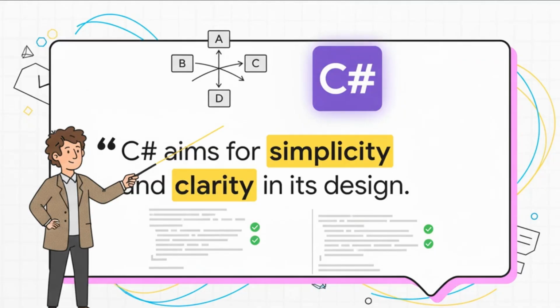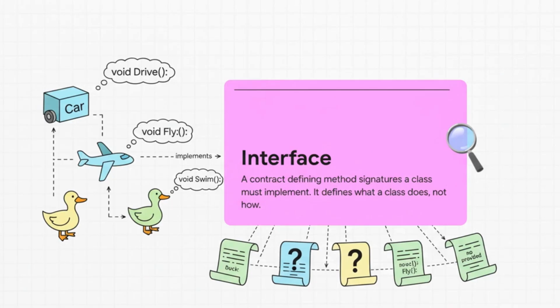You know, this solution gets right back to the core philosophy of C#. The language was designed from the ground up to prioritize simplicity and clarity. It intentionally avoids messy situations like the diamond problem, just to keep our code readable and easier to maintain in the long run.